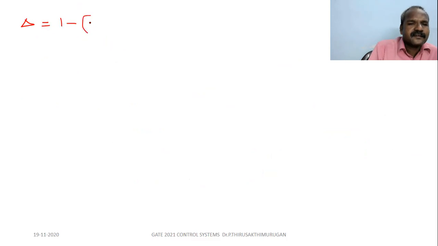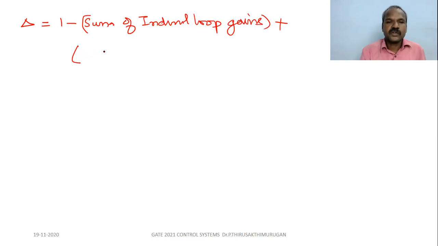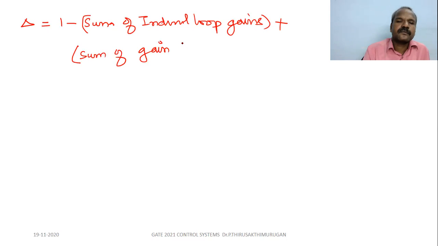So what is the delta expression? Delta equal to 1 minus sum of individual loop gains, plus sum of gain product of 2 non-touching loops.